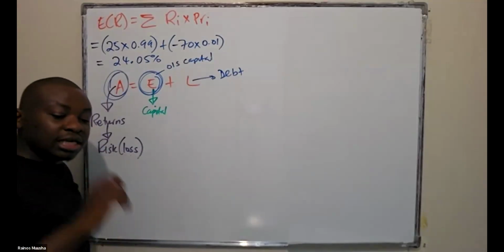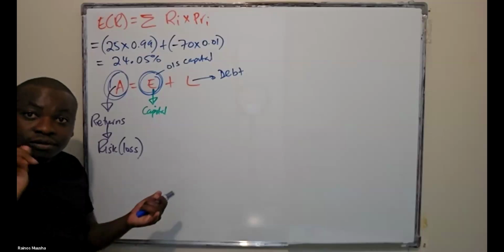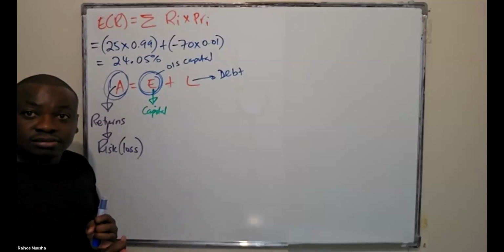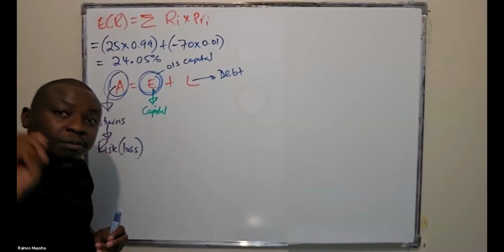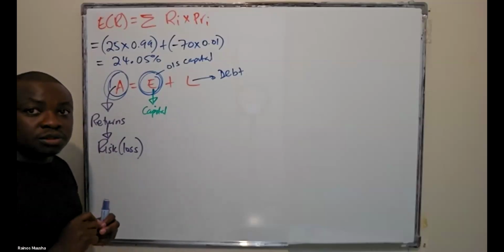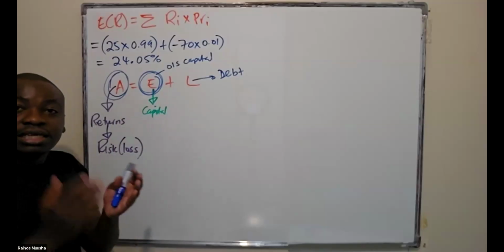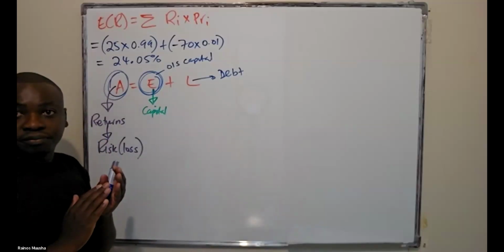But what you have to take note of there is that debt comes with two very important things. Whether you make money or not, you still need to pay interest on that debt. And whether you make money or not, you still need to repay that debt when it falls due. So having debt, it's like a double-edged sword where it can work to your advantage or it can also cut you as well.